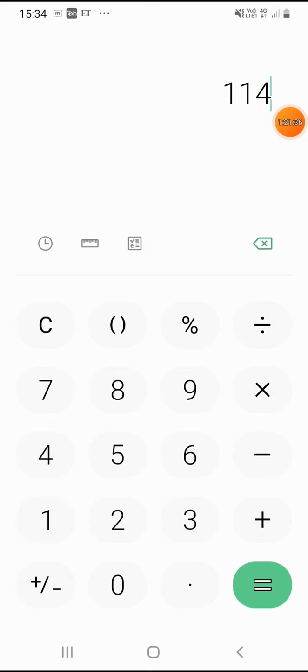Just ignore that 114. For those booking at 110 or 105, just take 105 and it is very easy profit. 105 minus our buy value 85, 20 into 250, a very easy profit of 5,000. Our investment amount is 21,000 only.